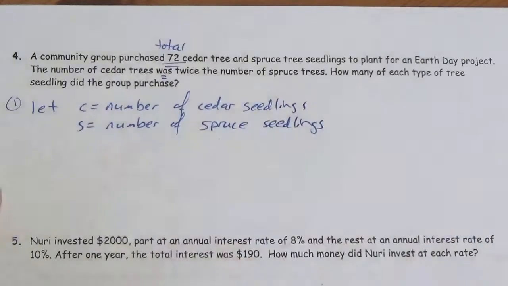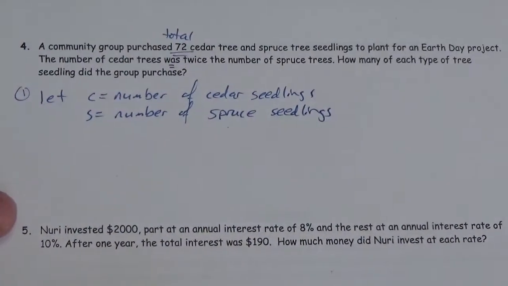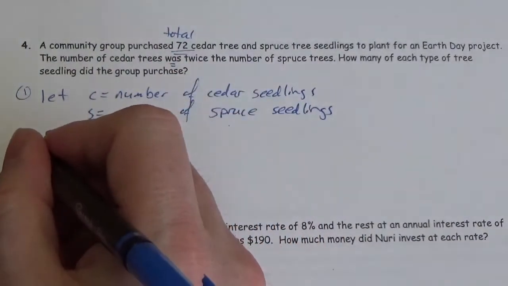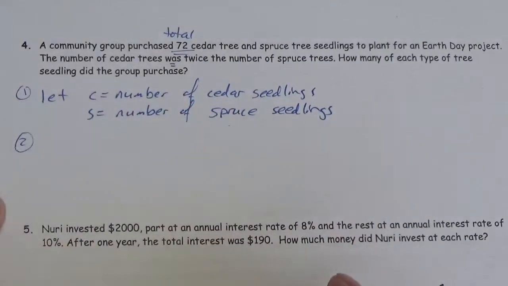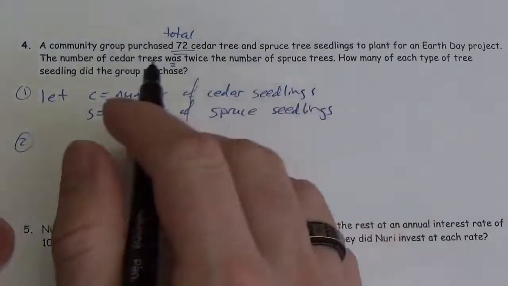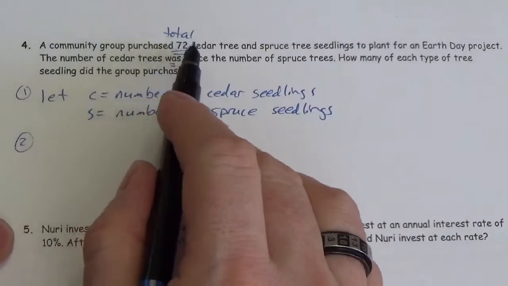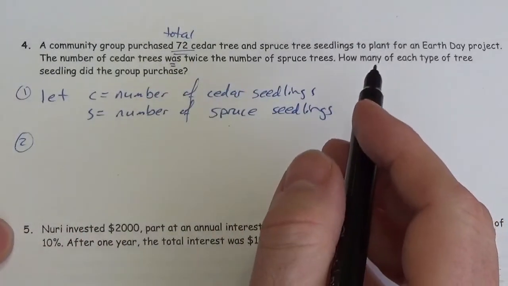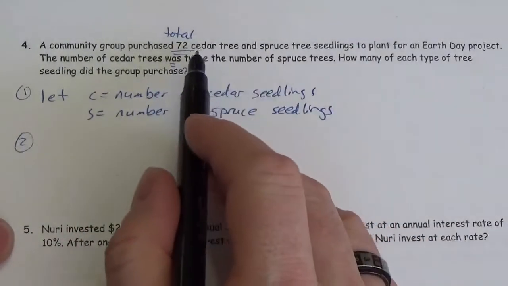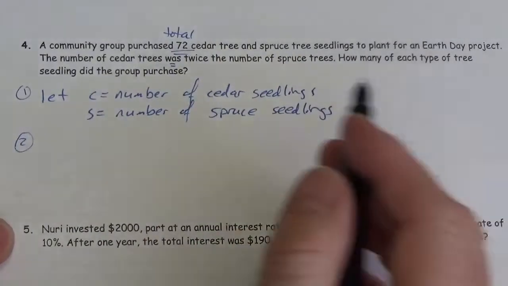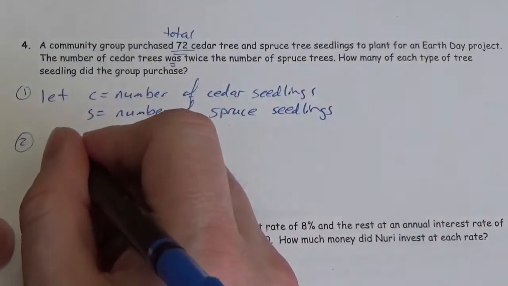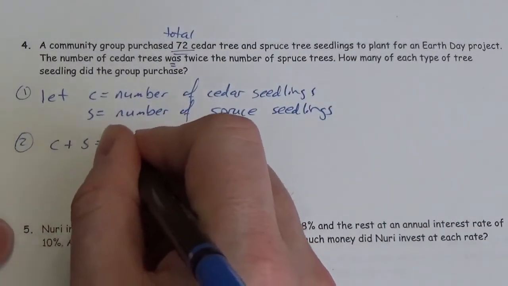So now people can follow along the work that I'm doing. So when I move on to step 2, which is going to be to come up with the equations, people will follow along here. Now, I know that 72 is a total. A total of what? Well, it's a total of the number of cedar and spruce seedlings sold here. So that's going to be C plus S is going to equal 72.